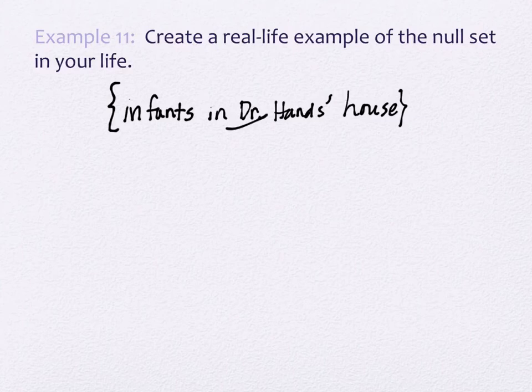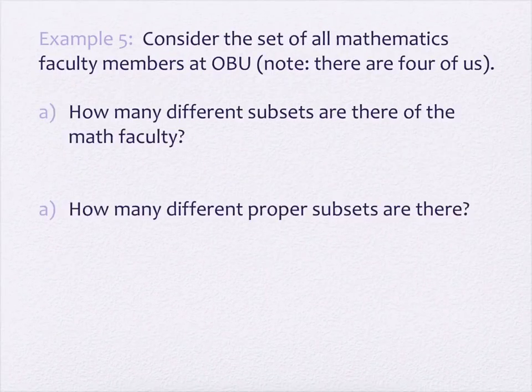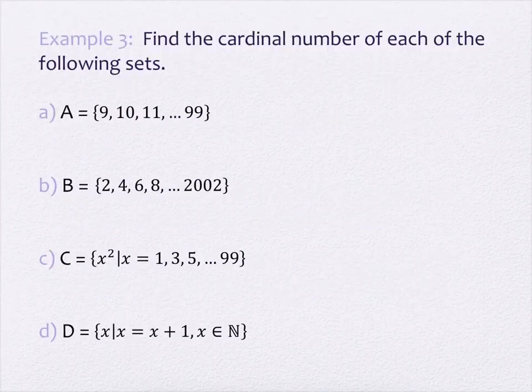All right, we're going to do just a couple more examples, and then we'll go back to our homework or to our group work. This one, we're going to look at example 3. It's got 4 parts to it. All right, so our goal on this problem is to find the cardinality. So again, cardinality means the number of items in a set. Okay, so this is a counting game.